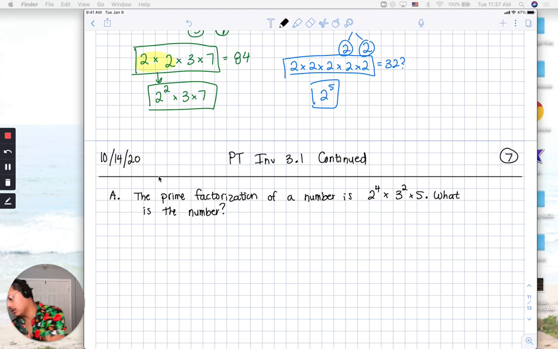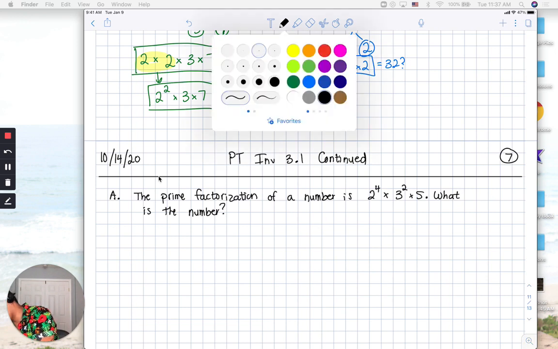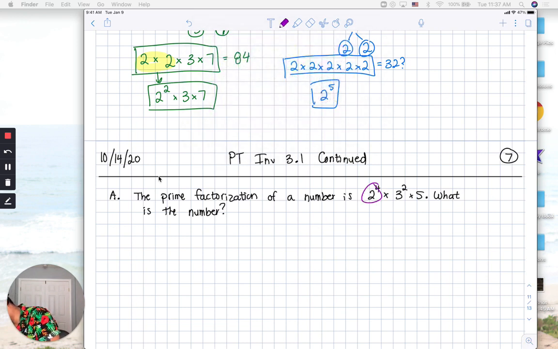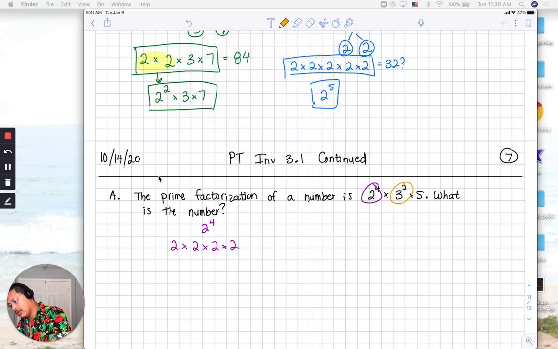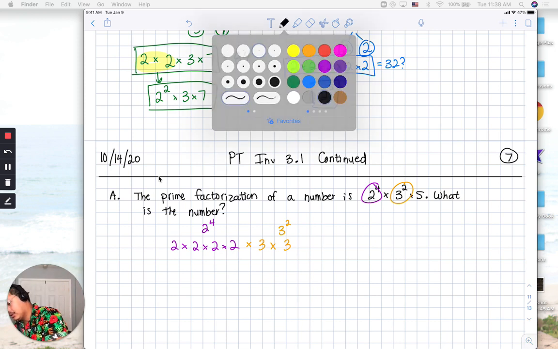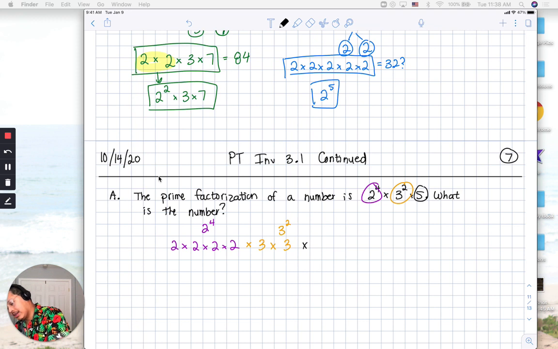So let's take a look at each of these parts. So 2 to the 4th. 2 to the 4th power is the same thing as 2 times 2 times 2 times 2, right? I multiply 2 4 times. Let's take a look at 3 to the 2nd power. I multiply 3 times 3 2 times. And then the very last number is just 5.